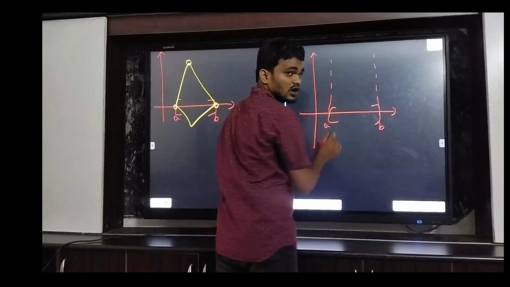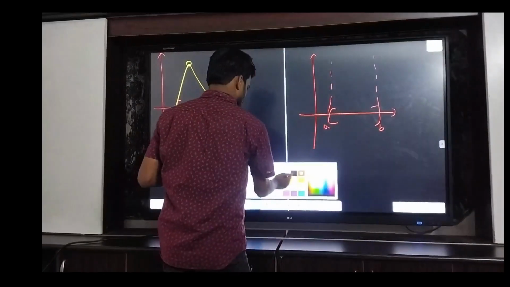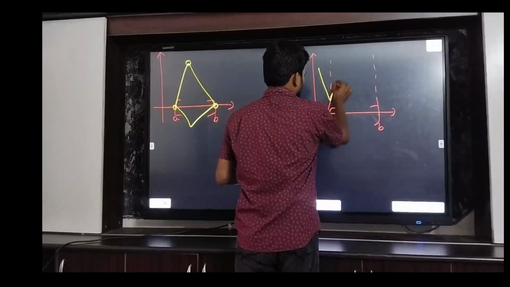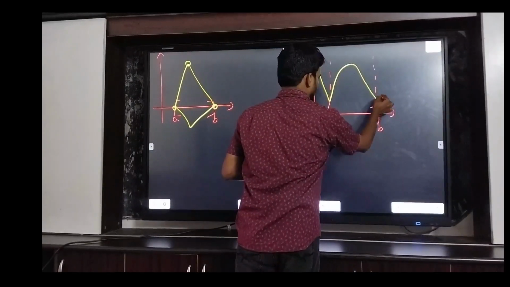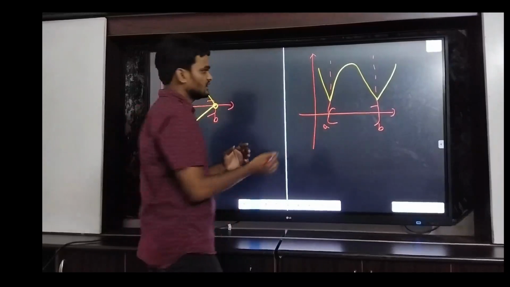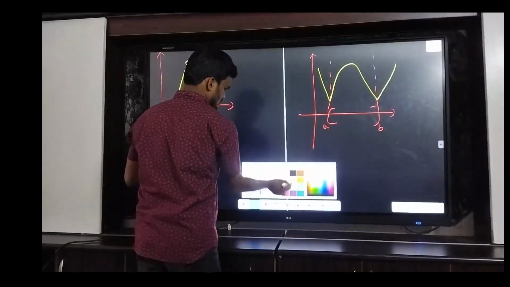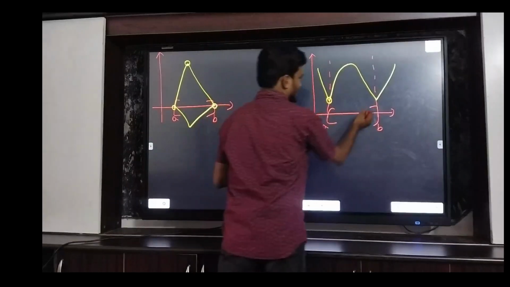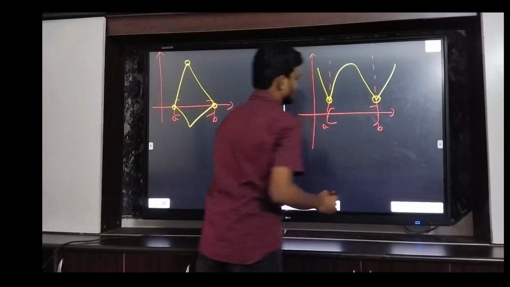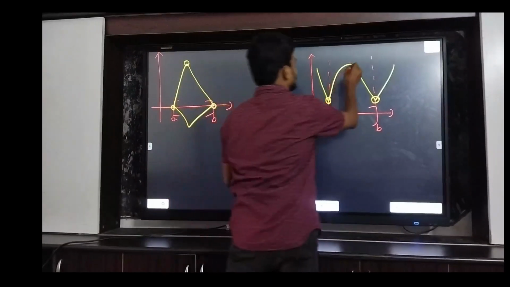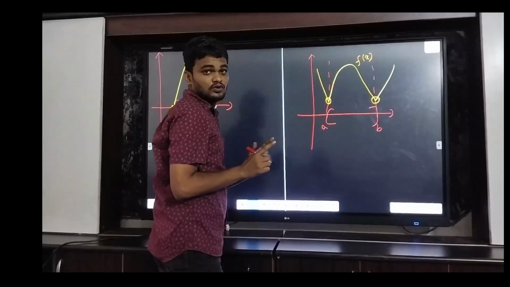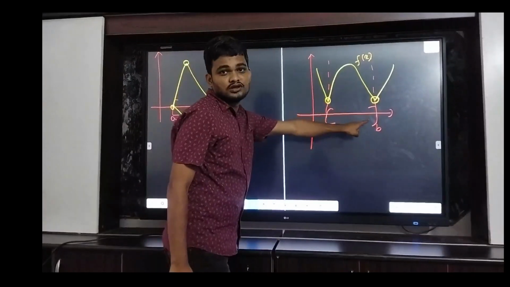Suppose the graph is like that. Clearly, you can see there is a sharp corner at this point, a. Similarly, this sharp corner is at point b. So if this is your function, it is not differentiable at a and b.